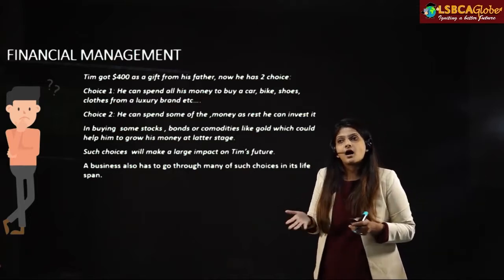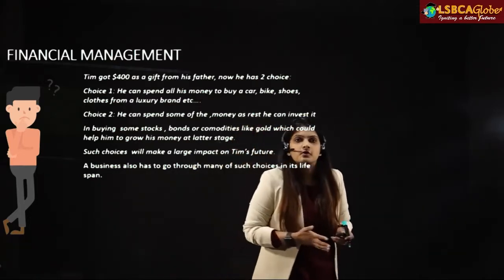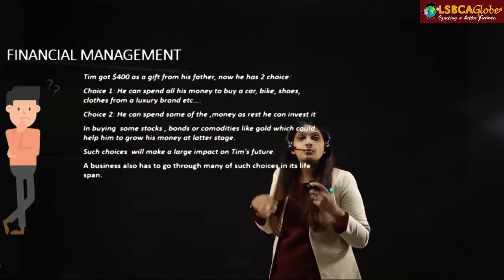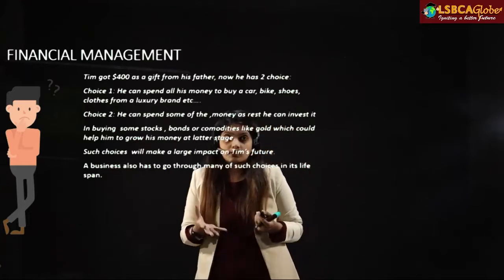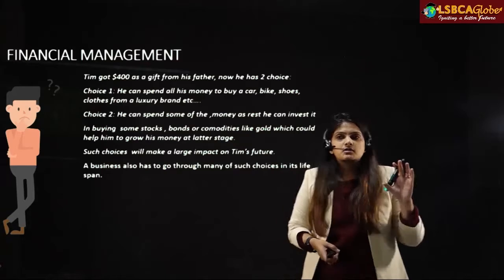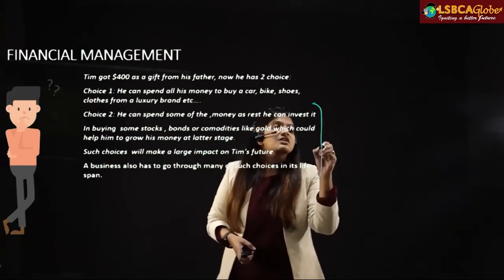He can buy some car, he can buy a bike, some shoes or branded clothes from it. Otherwise, he can also utilize that same sum of money to buy certain stocks or gold. So in the second option, Tim is choosing to buy some financial asset.